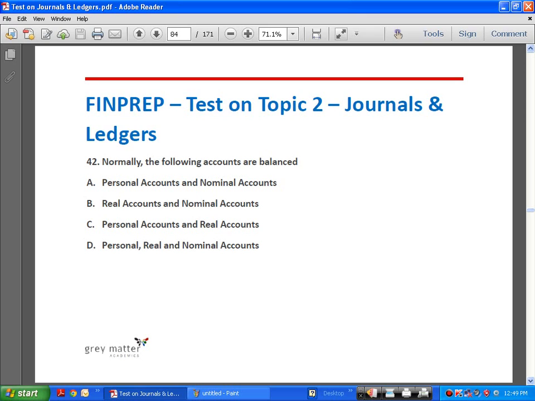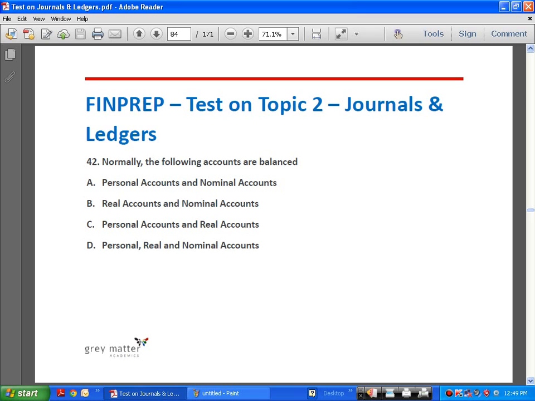So accounts like sales, interest received, dividend received, and all the expenses like salary, rent, insurance, depreciation. These are all examples of nominal accounts. So these are the accounts whose balances appear in the profit and loss account and in the trading account.